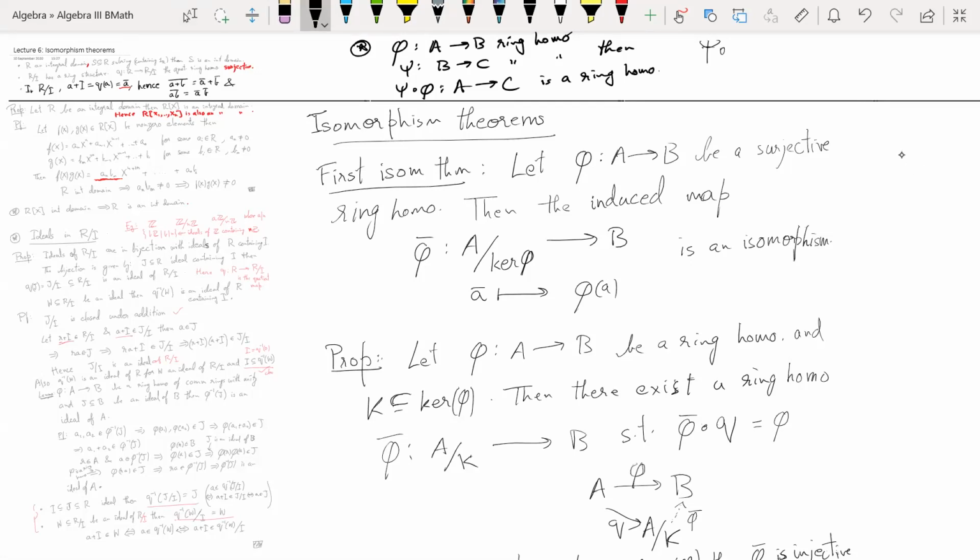So psi composed phi of a1 times a2 is the same as psi of phi of a1 times a2. Since phi is a ring homomorphism, it's the same as psi of phi a1 times phi a2. Here we are using that phi is a ring homomorphism, but psi is also a ring homomorphism.